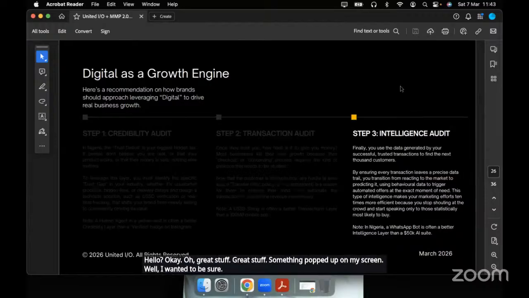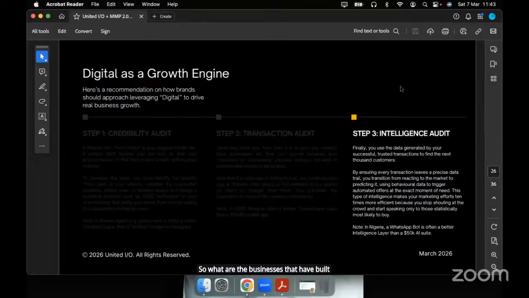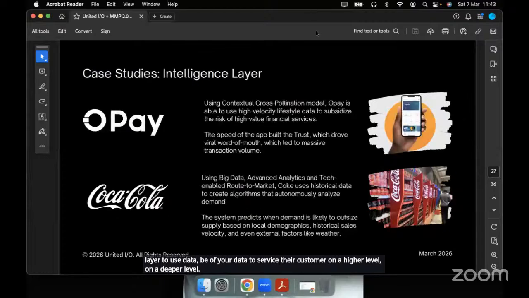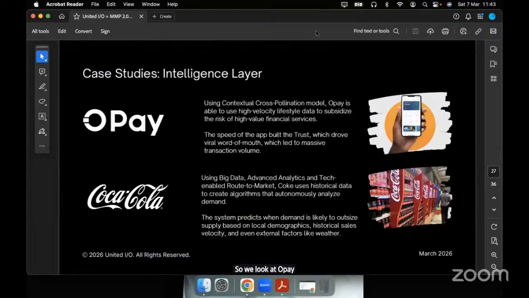So, what are the businesses that have built this really interesting intelligence layer to use behavioral data to service their customer on a higher level, on a deeper level? So we look at OPay, and this is probably something that you all might be familiar with.